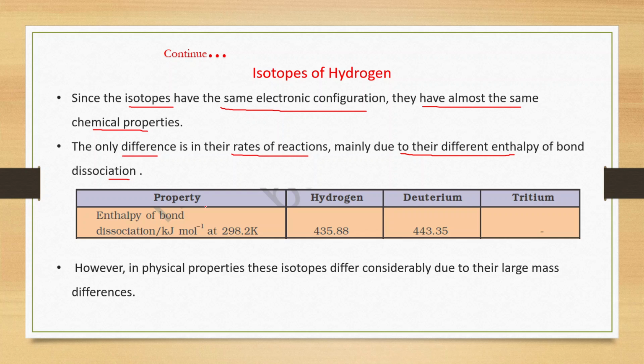If we compare the bond enthalpy of hydrogen and deuterium, hydrogen's bond enthalpy is 435.88 kilojoule per mole, while for deuterium it is 443.35 kilojoule per mole. In this way, we can see that for hydrogen the bond enthalpy is low, so hydrogen is more reactive compared to deuterium. However, in physical properties, these isotopes differ considerably due to their large mass differences.